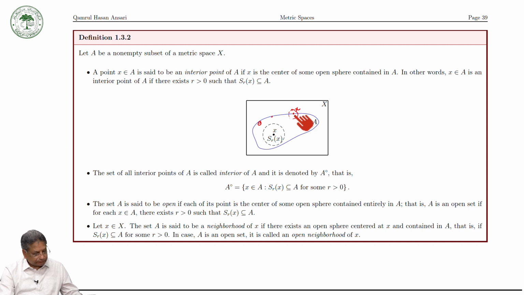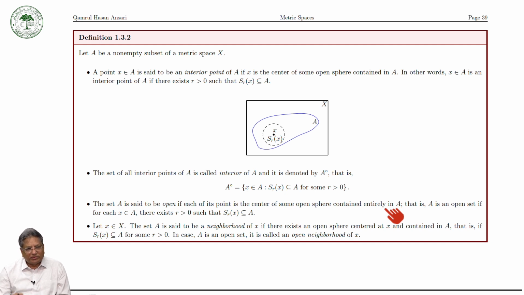Then we say that the set of all interior points is called the interior of the set A, denoted by interior of A, which is equal to this set. Now, the set A is said to be open if each of its points is the center of some open sphere contained entirely in A. In other words, a set is open if and only if each of its points is an interior point.